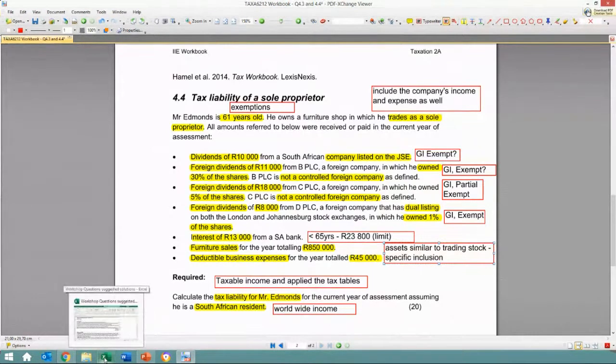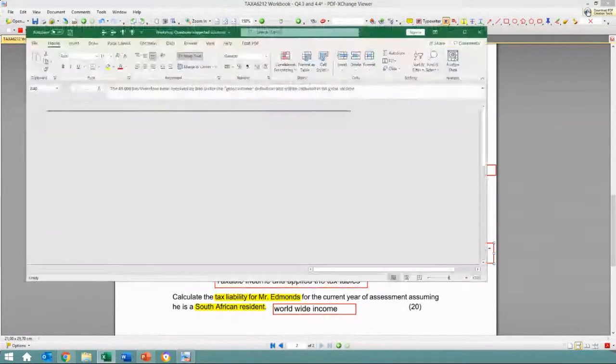Now, when you do a question like this, I want you to do a framework. Let me just open the Excel so we can.